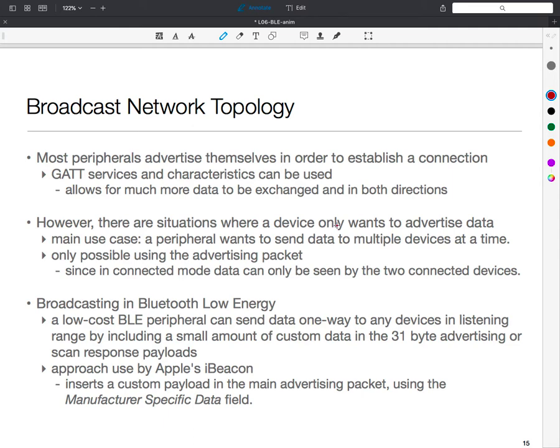So one-way data, and in fact, the big explosion in this was when Apple, on top of BTLE, built something called iBeacon, which were basically these tags which just advertise some information. In particular, they advertise a UUID. Anyone know what UUID is?